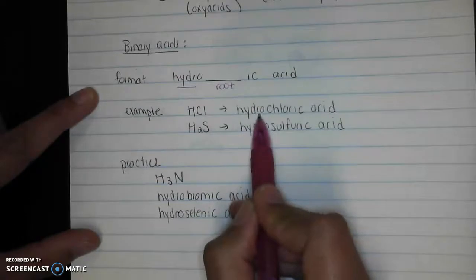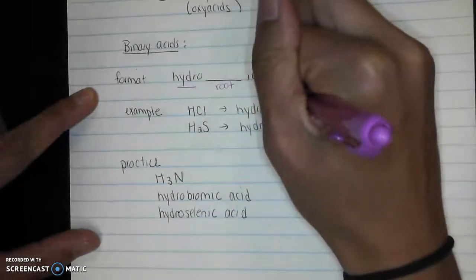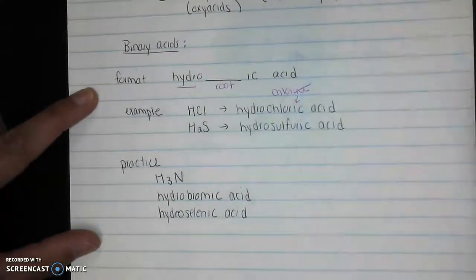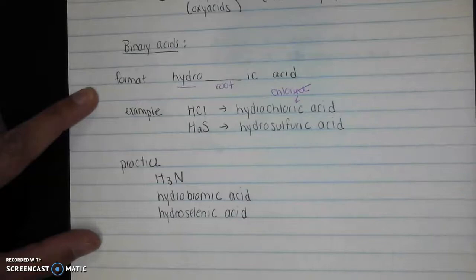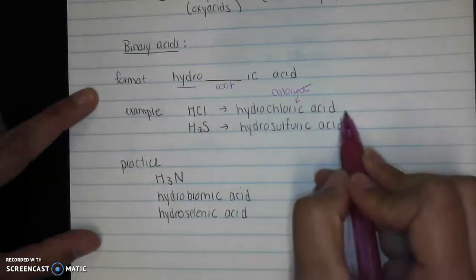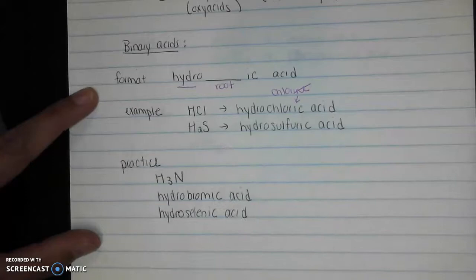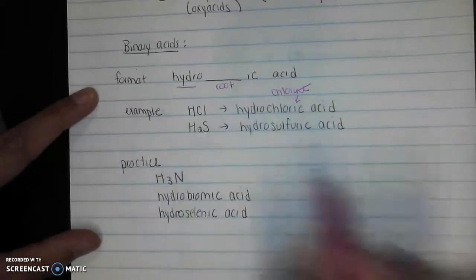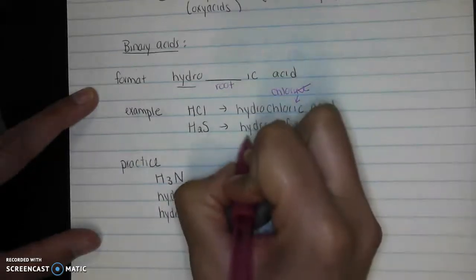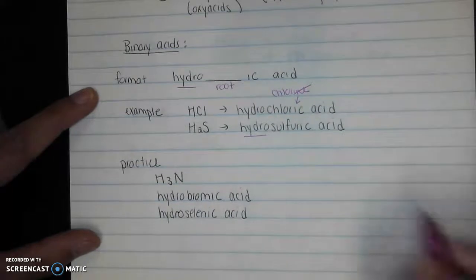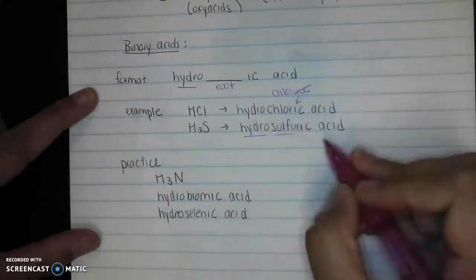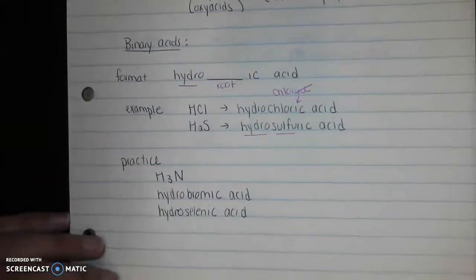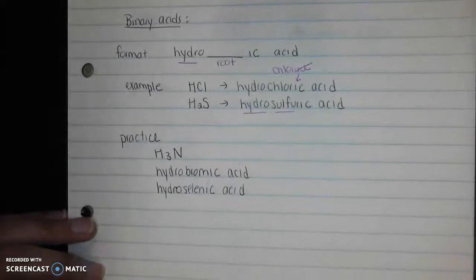We put hydro out in front, Cl is chlorine, so we get rid of the "ine", put "ic" in its place, and put acid at the end. So hydrochloric acid. All right, let's look at this example. H2S. So we start with a hydrogen, end with a sulfur. So we follow the same format. We put a hydro out in front. We put sulfur, ic, acid. So hydrosulfuric acid.